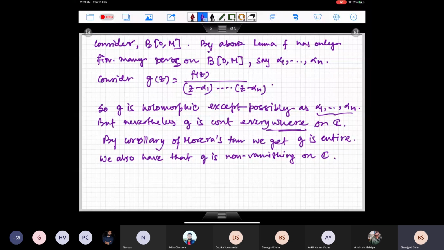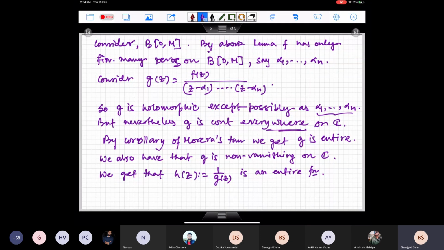So therefore g is a non-vanishing function. Okay, great. Now that g is non-vanishing, if I consider the reciprocal, a similar kind of trick, then we get that h of z defined by 1 upon g of z is an entire function. This is also an entire function.